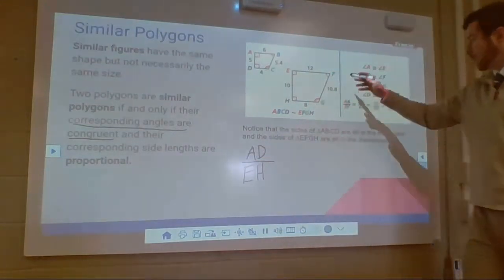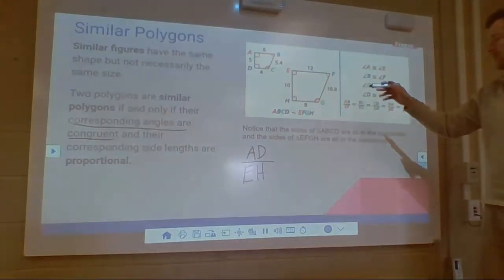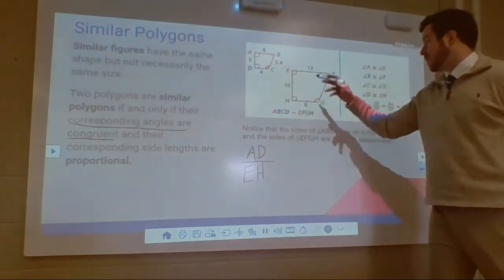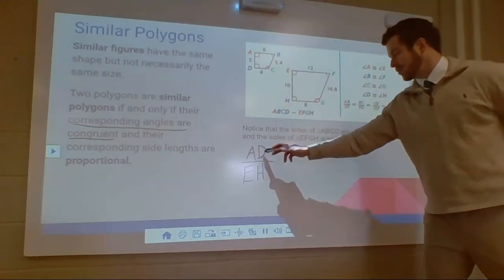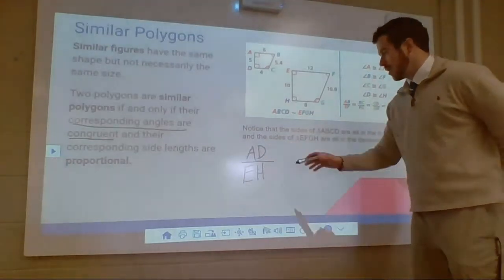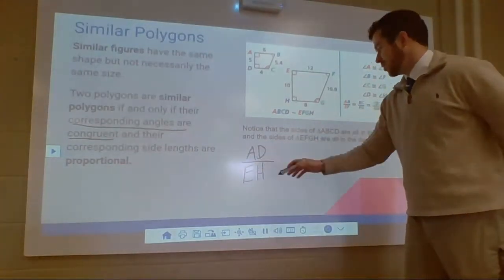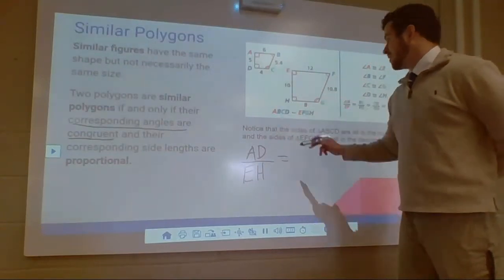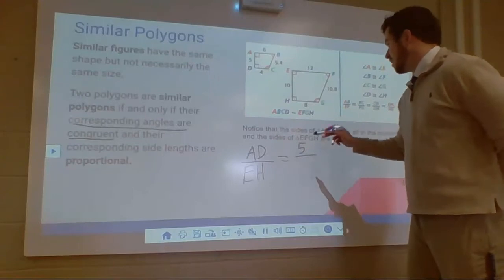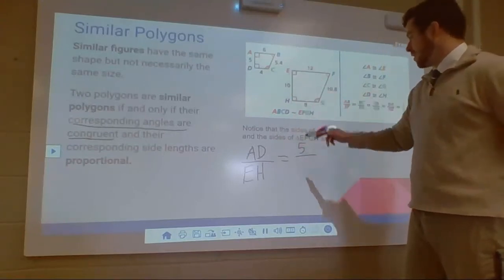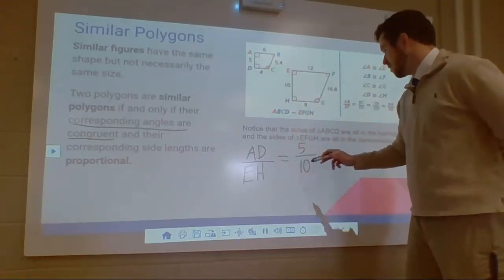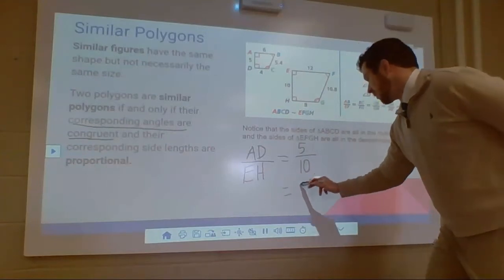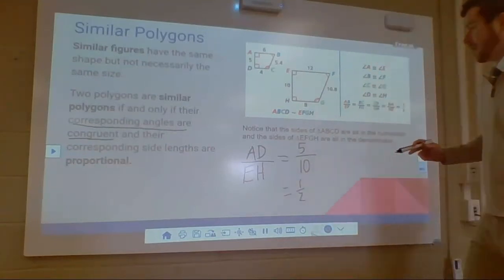Remember, angle A was congruent to angle E, and angle D was congruent to angle H. They match up here in this ratio. The length of AD is 5, and the length of EH is 10. So that simplifies to 1/2, doesn't it? 5 over 10 simplifies to 1/2.